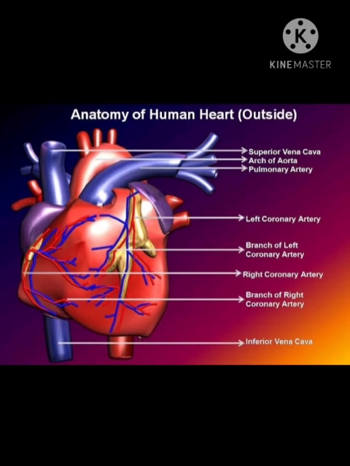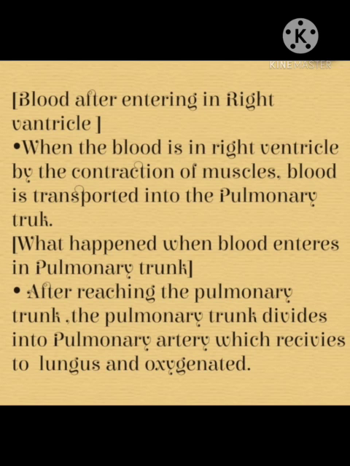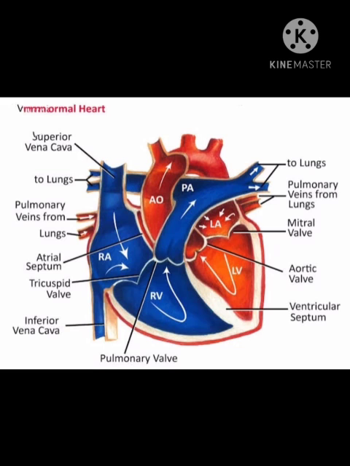So now the next section includes the transportation of blood when it reaches the right ventricle. When the blood is in the right ventricle, by the contraction of muscle, blood is transported into the pulmonary trunk.